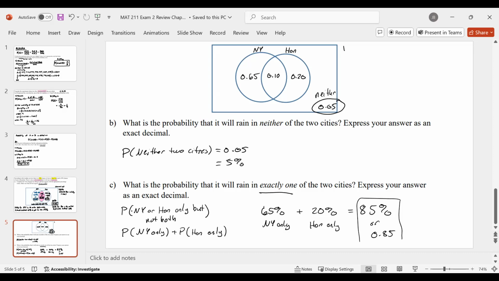In either case, you get the correct answer. So that one's a little trickier, just because it's exactly one. If I said the probability of either of the two, it would be the sum of all of the circles, so it would actually be a 95% chance. But because of that exactly one, they make it a smidge more difficult.